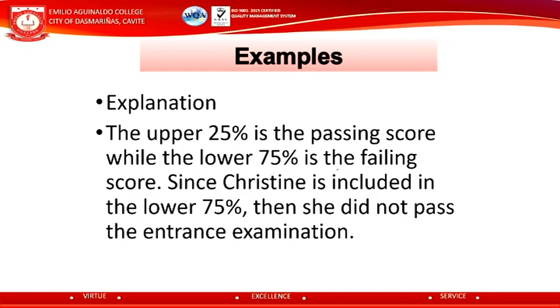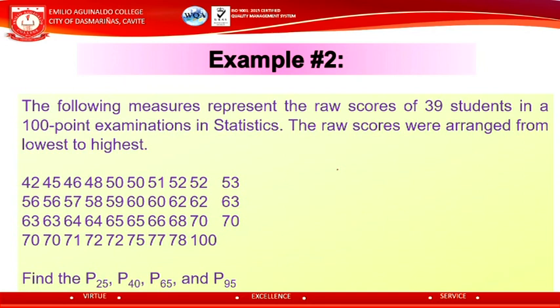Okay, this is how we solve problems involving percentiles, deciles, and quartiles. So let us have another example. The following measures represent the raw scores of 39 students in a 100-point examination in statistics. The raw scores were arranged from lowest to highest. So there is no need for us to arrange it in ascending order because it is already arranged in ascending order.